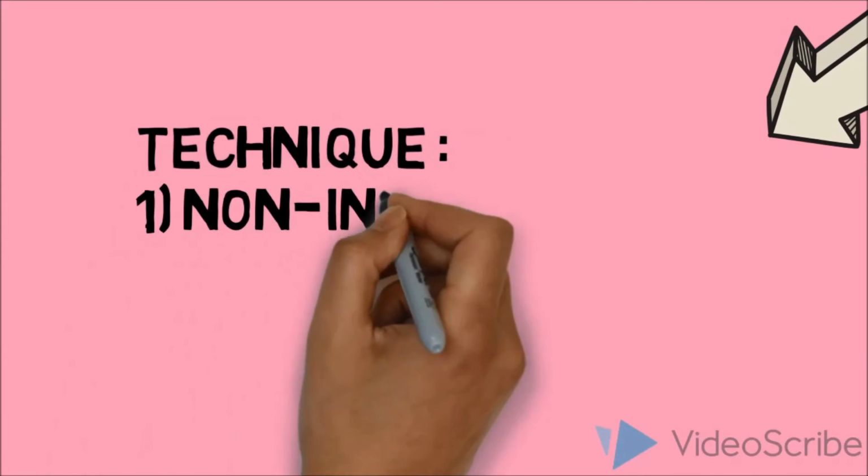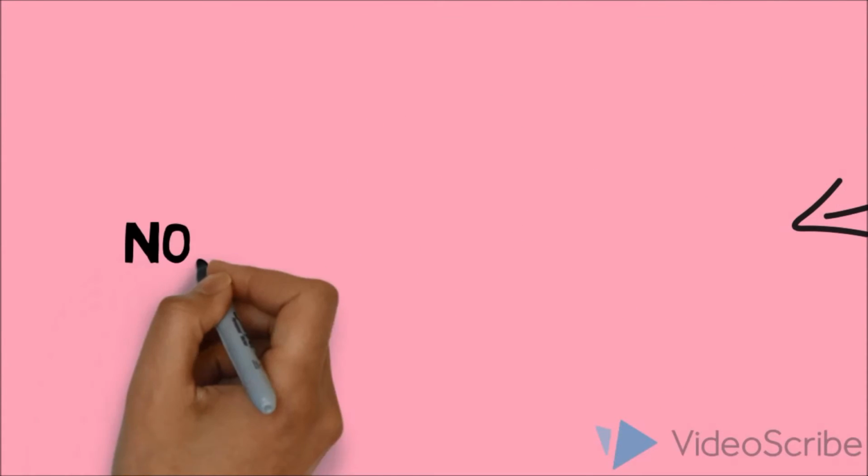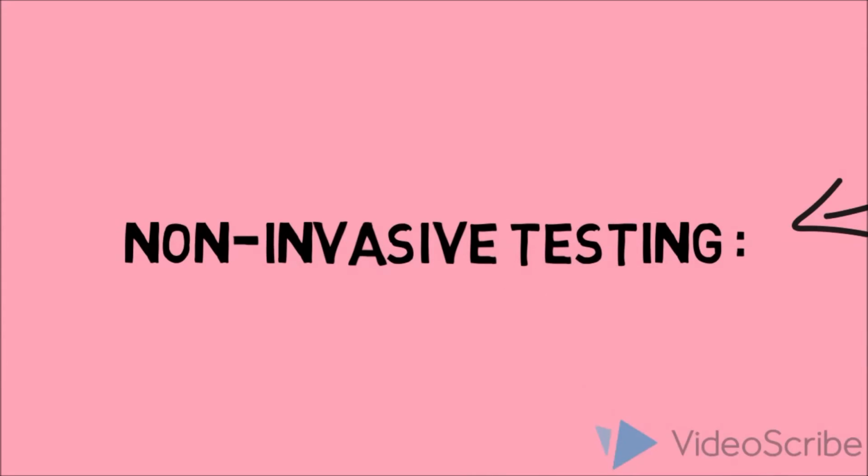It can be either non-invasive, invasive, or minimally invasive. Non-invasive testing doesn't require the introduction of instruments into the body, for example via ultrasound or magnetic resonance imaging, or MRI.